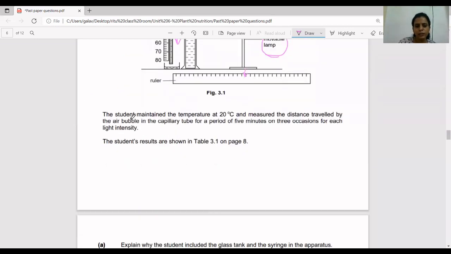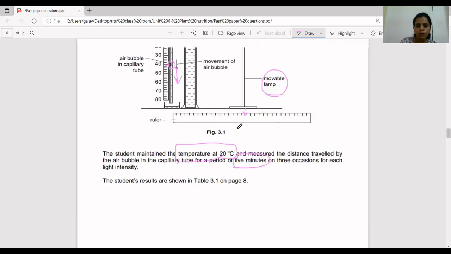Next, they have given that the student maintained the temperature at 20 degrees Celsius. So temperature is a constant variable, or controlled variable, and the student measured the distance traveled by the air bubble in the capillary tube for a period of 5 minutes. That means every reading was taken for 5 minutes.